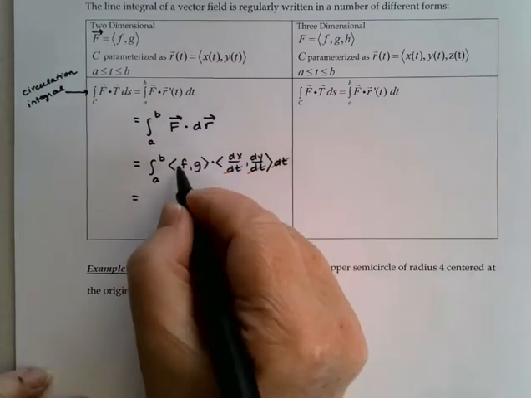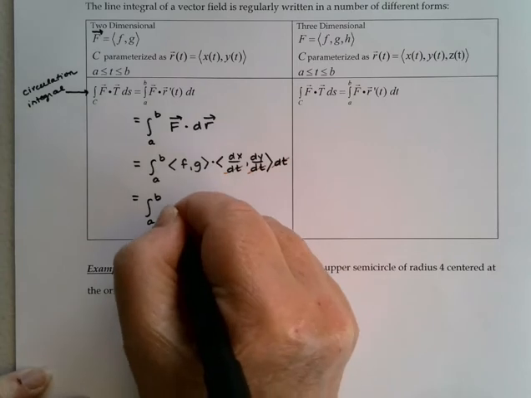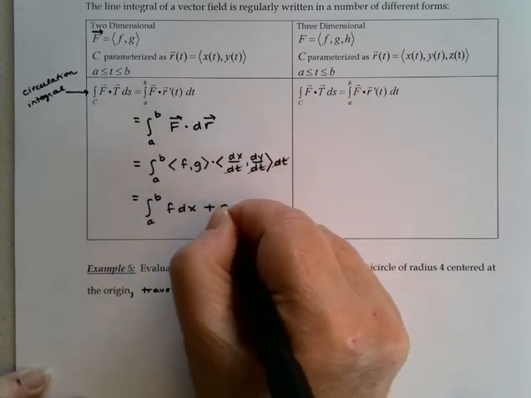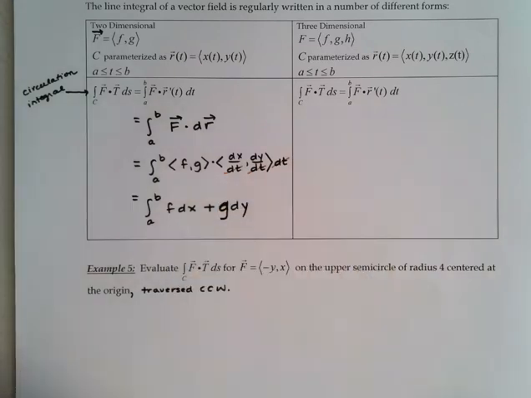And so, doing the dot product, I would end up with f times dx plus g times dy. And that's another way that you'll commonly see these things written.